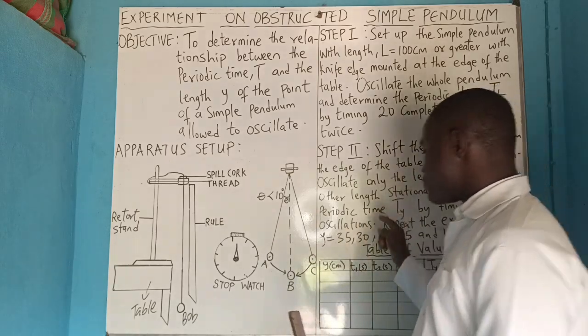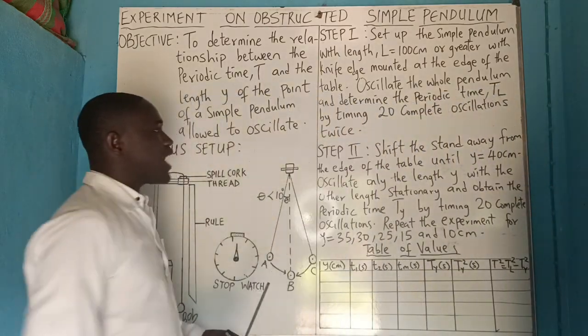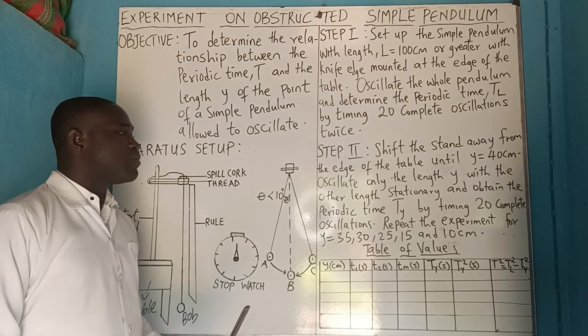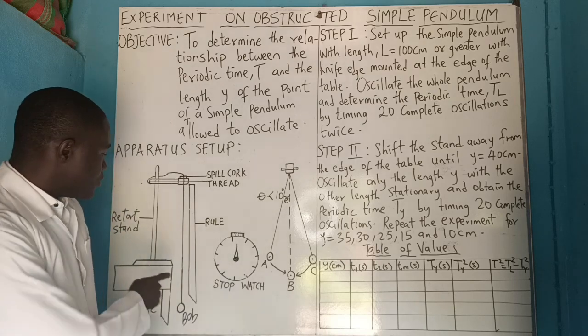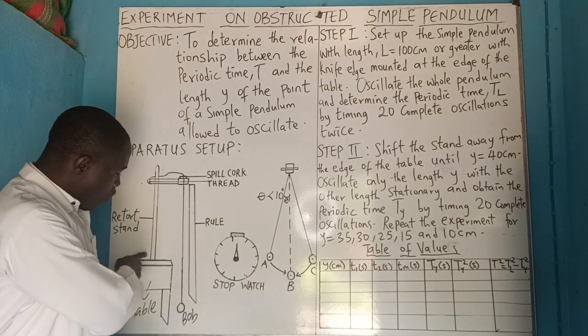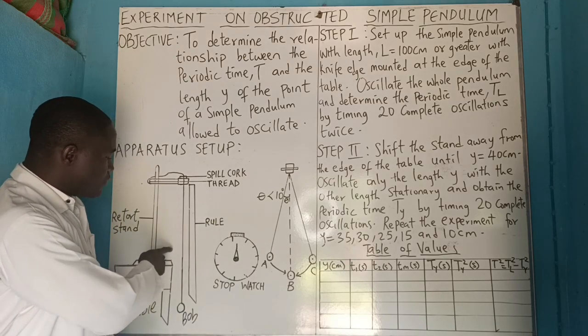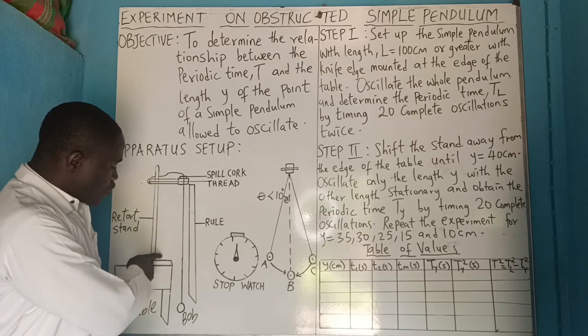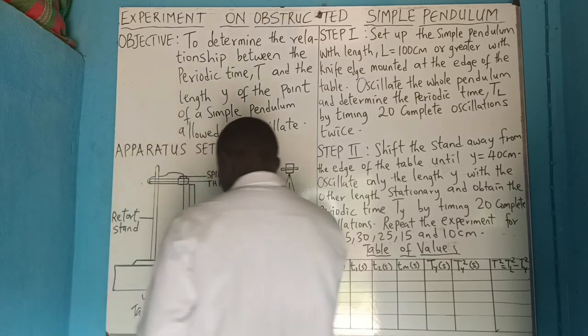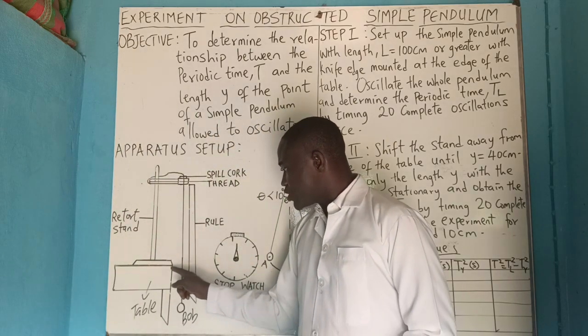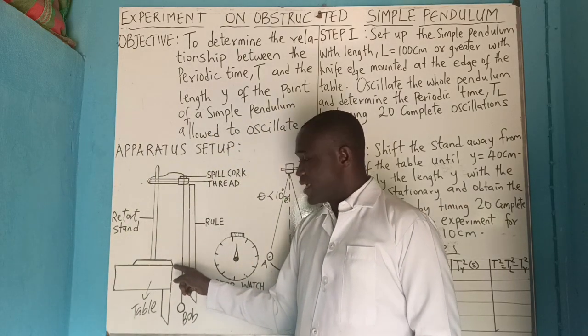Afterwards, shift the stand away from the edge of the table until L equals 40 cm. You have to shift this stand away. And so when you shift this stand away, it will get to a point that this thread will be touching this table. Are you getting it?